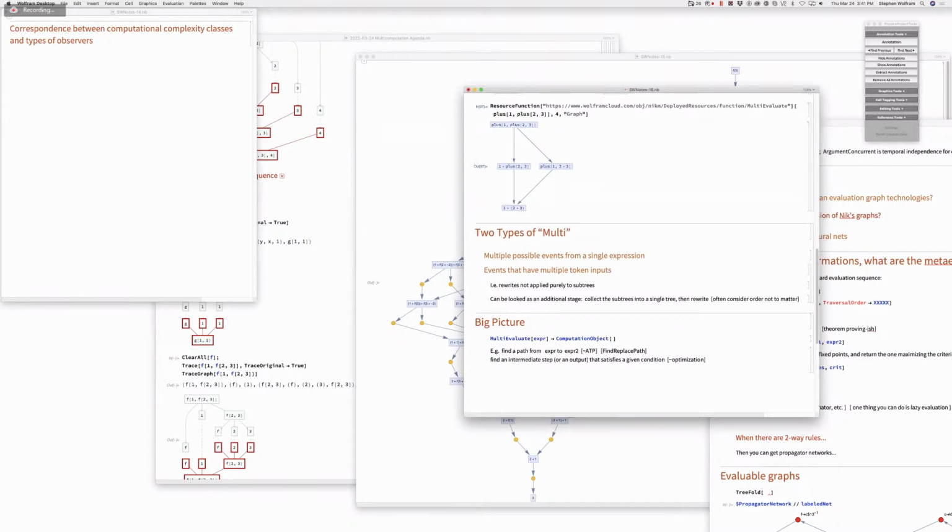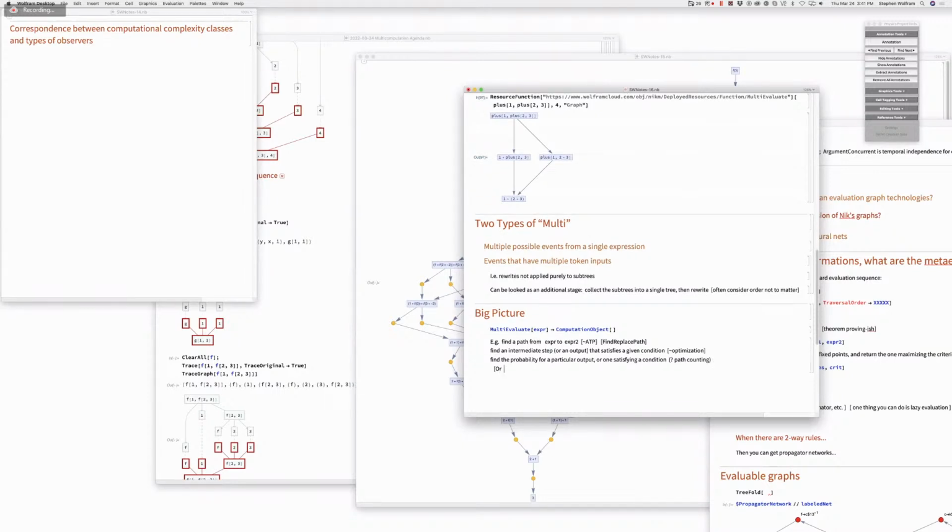Another thing would be find the probability for a particular output, or one satisfying a condition. That's like probabilistic programming, and then there's path counting, and so on. A subcase of that is the hash P kind of computation: count the number of outputs of that type.